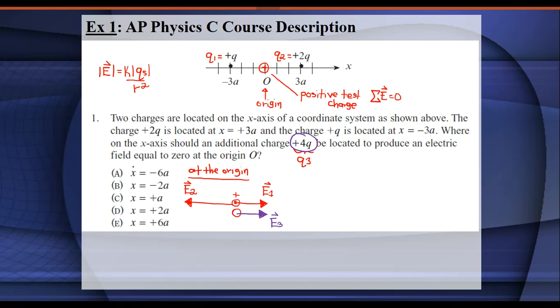Okay, so immediately we can narrow this down to just two options, because there's no way charge 3 can be on the right-hand side of the axis. So I'll quickly justify this here.